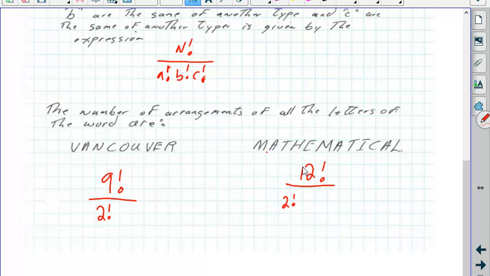We have 1, 2, 3 A's. There are 6 ways to arrange those A's if they were A1, A2, A3. Well, since they're not A1, A2, A3, we have to divide by 3 factorial, which is that 6. And then the other one that we have that's a repeat is our 2 T's.